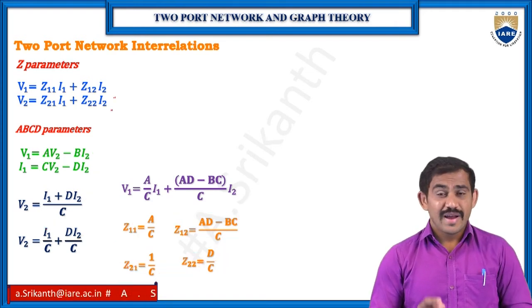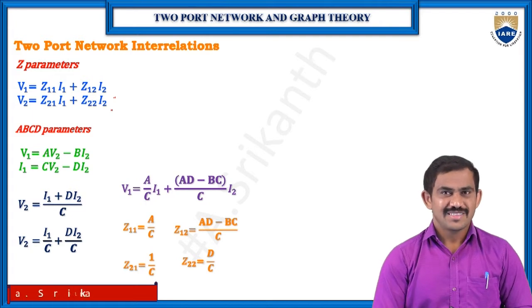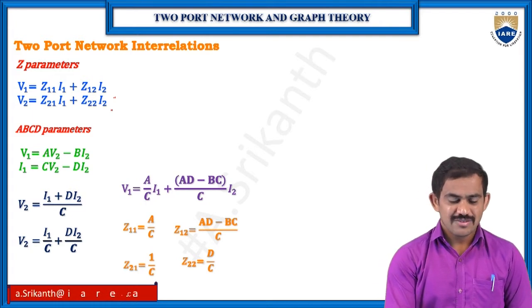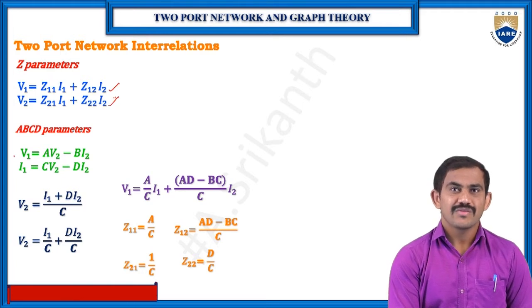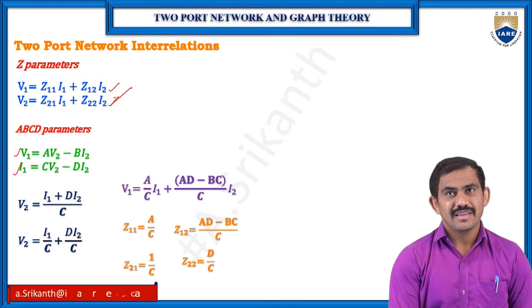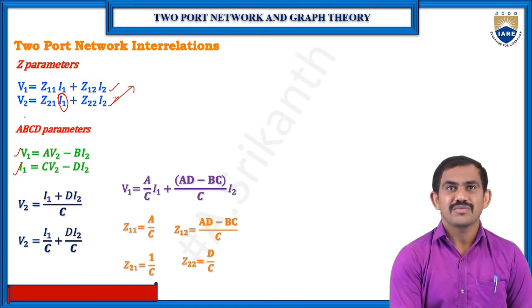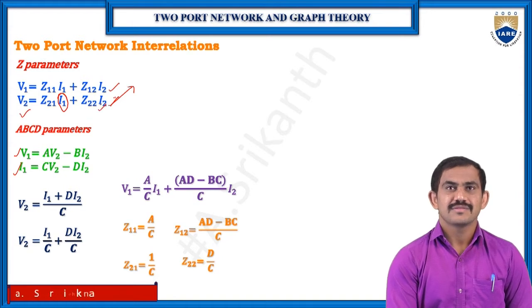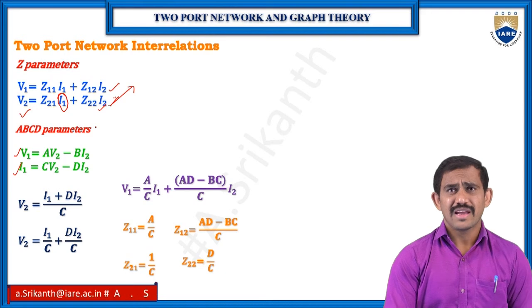Okay. I want to find out ABCD parameters when I know Z parameters. So I have Z equations now in form of V1, V2. I want to compare with your V1, I1. Now from this equation, I will get the I1 value in form of V2 and I2. Now write the same as ABCD parameters, just write the I1 value.